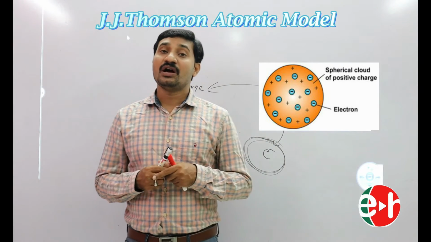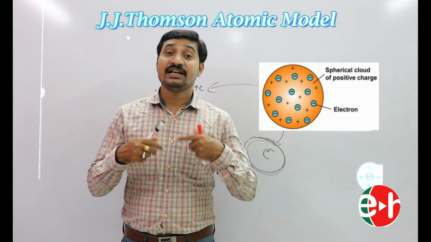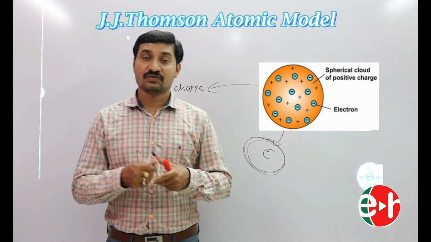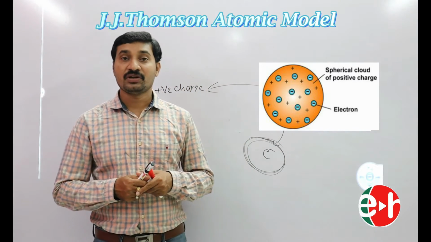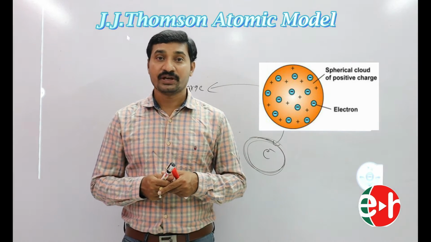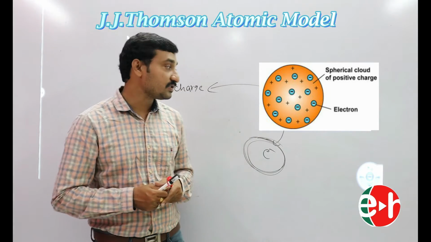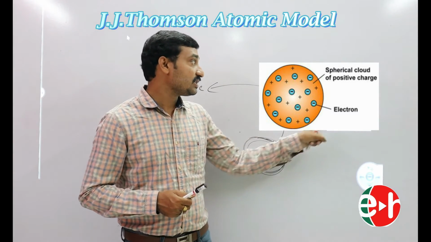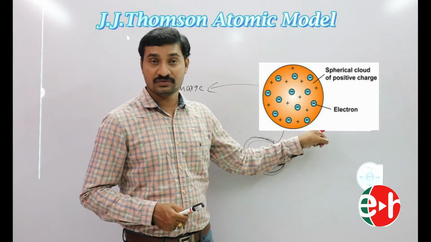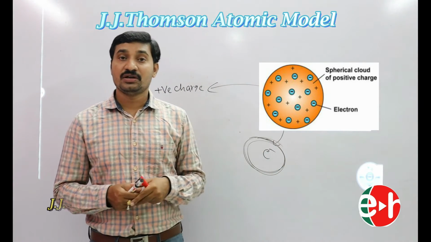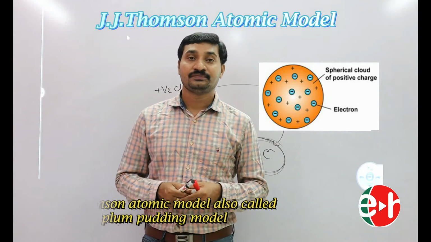Also, it could not explain the electrical neutrality of the atom. This is also one of the drawbacks. That's why the J.J. Thomson atomic model failed. So this is the J.J. Thomson atomic model: a spherical cloud of positive charge, and these are electrons. This model is also called the plum-pudding model.